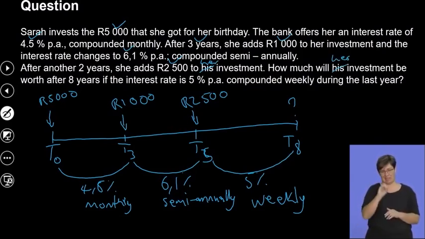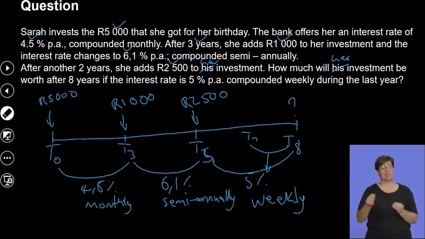So I'm thinking the 5% is not actually going to be from T5 to T8. So you will also need to look at that. It means that the 5% will only be between T7 and T8. That's where the 5% will be. But between T3 and T7, her interest rate was actually still 6.1%.